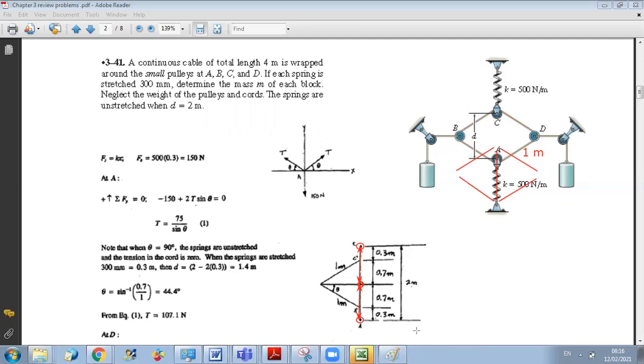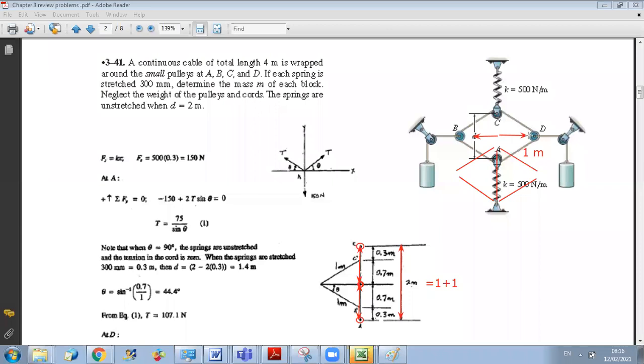Since they said that at the unstretched lengths the distance separating the cables is 2 meters, which is 1 plus 1, I deduced that for this position, B and D were at the middle. Now, in order to obtain the final configuration, I should push B to the left, and I should push D to the right.